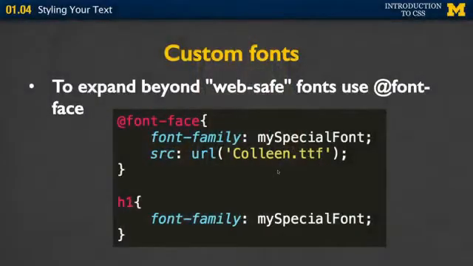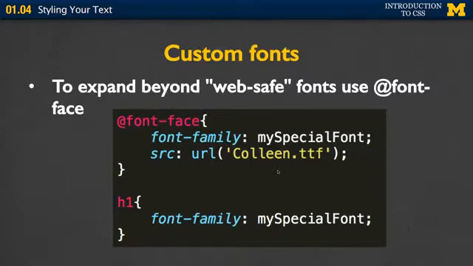I personally don't use custom fonts myself, but I've never been an artsy type of person. So if you do decide that you want to have your own font or some sort of special web-safe custom font, you need to use something special here called a font face rule. And what we do is, you can see in the first example, you say, hey, I'm going to define my own font face. I'm going to happen to call it my special font. You could call it anything you wanted to call it.